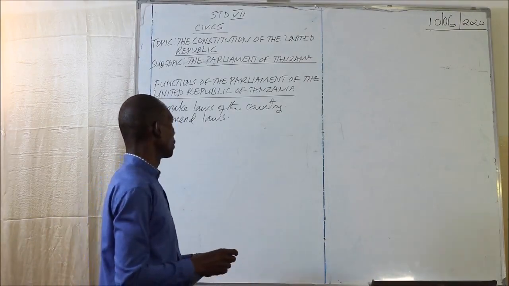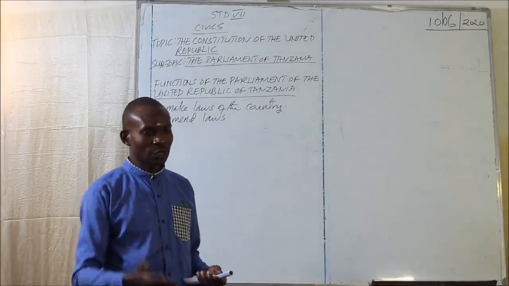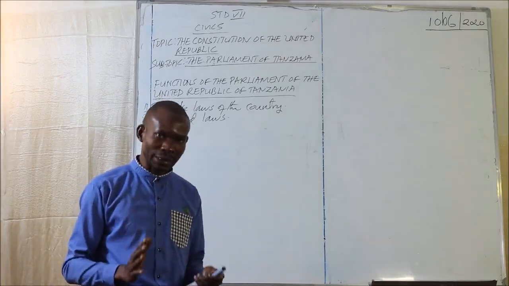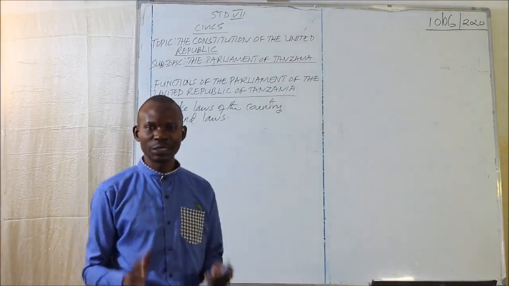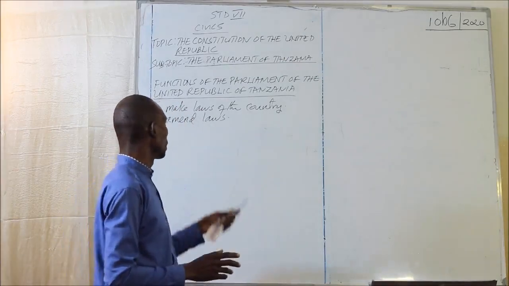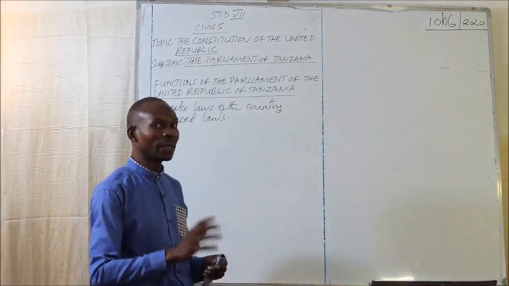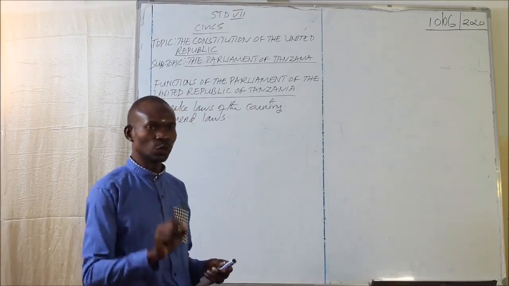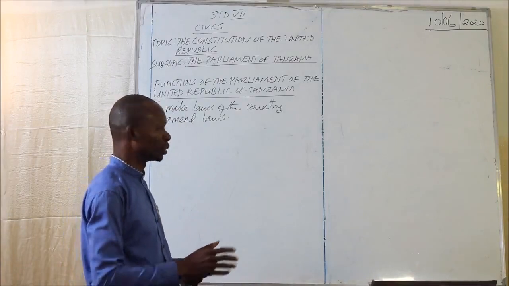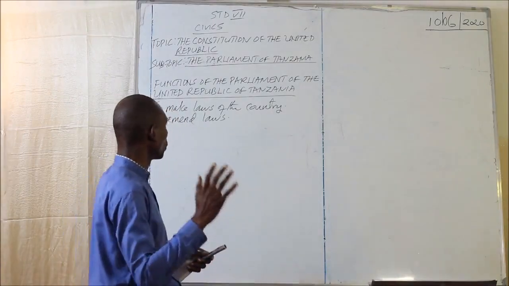You see, laws can be enacted today, tomorrow, and then after some time you find that such laws are no longer applicable. They are no longer suitable to the prevailing situation. So if that happens, that becomes the right time for the Parliament to amend the existing laws, so that they can be more suitable to the prevailing circumstances.